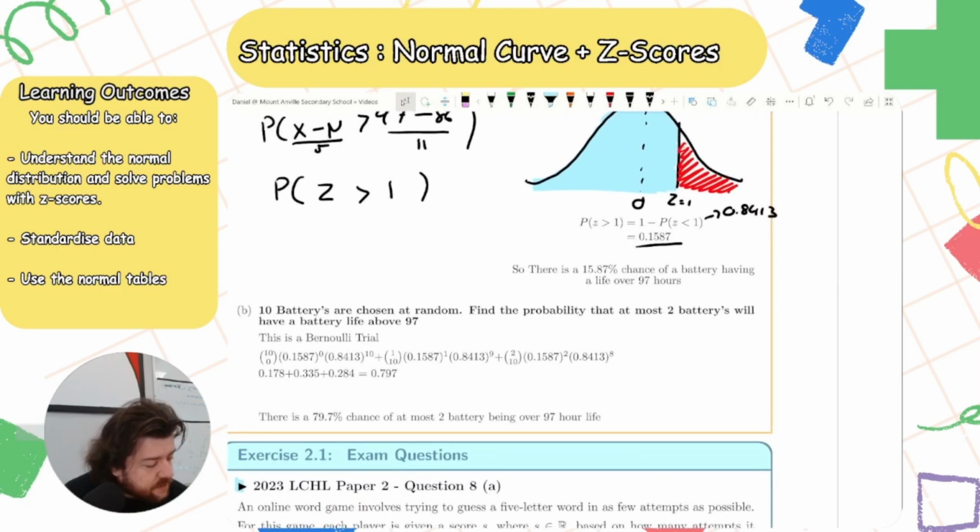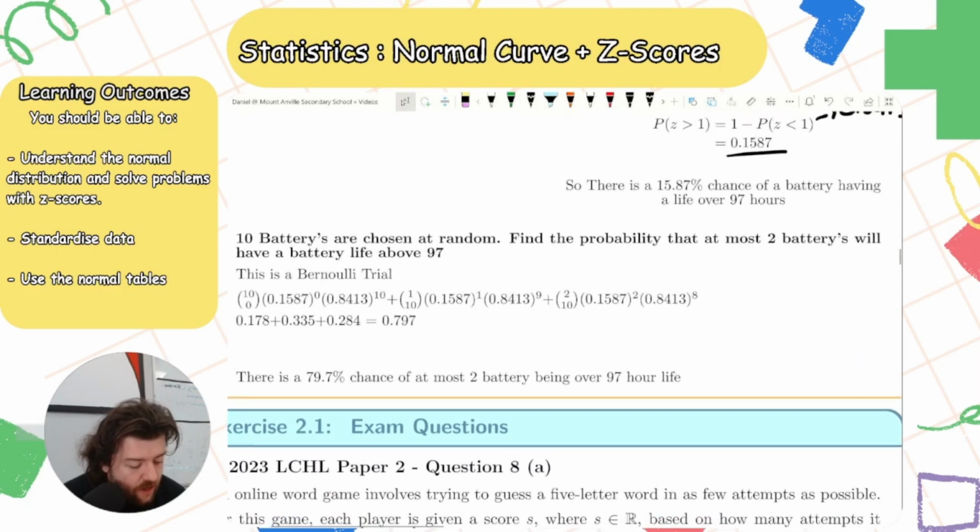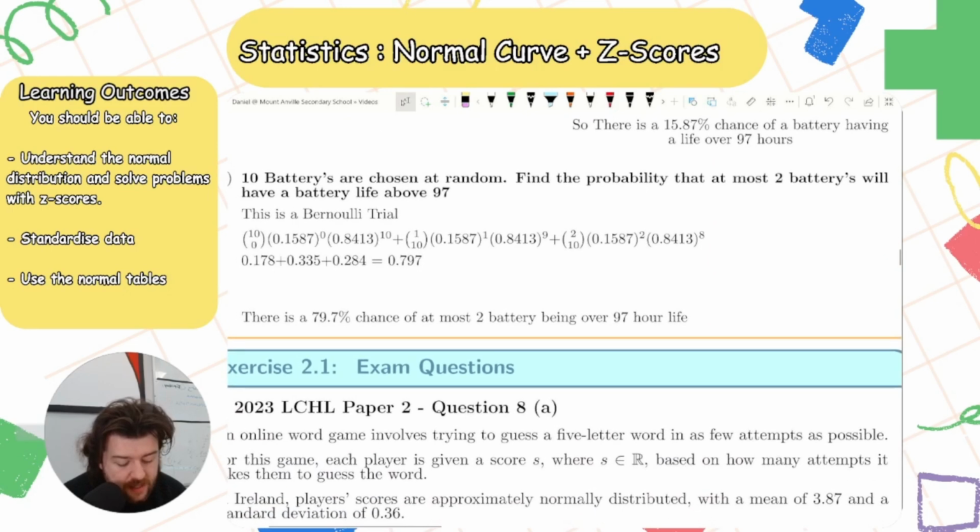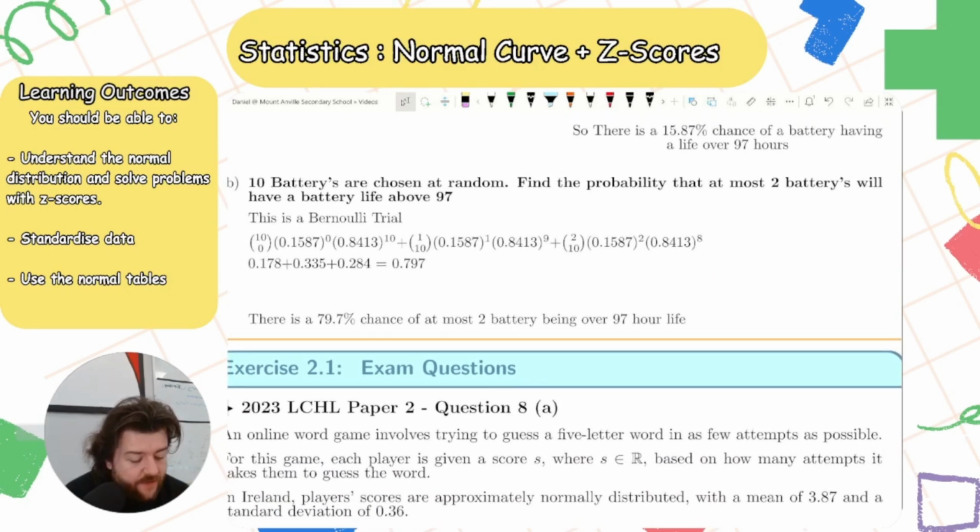And this last one's a fun one, because it involves a little Bernoulli trial. 10 batteries are chosen at random. Find the probability that at most 2 batteries will have a battery life over 97 hours. So we have 10 batteries. What's the probability that at most 2 of them have a battery life over 97 hours?